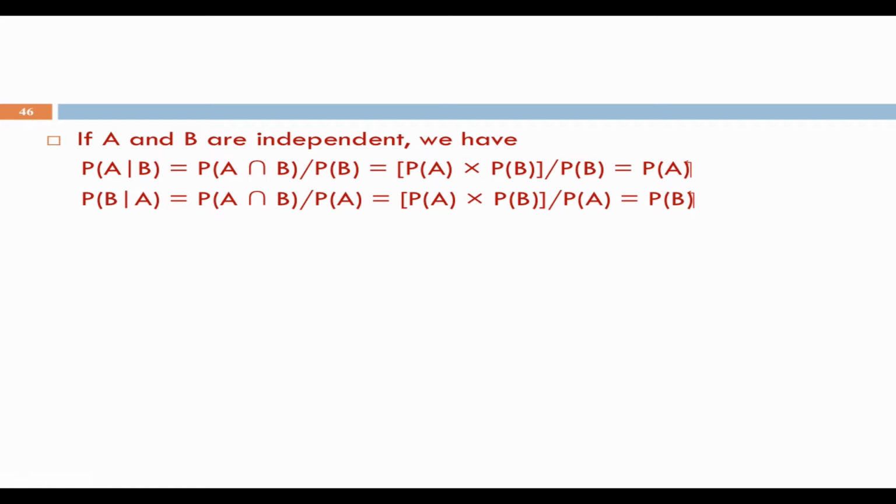And that goes very nicely with the independence assumption, because knowing that B happens gives you no advantage or disadvantage in knowing whether A happens or not. So when you know that B happens, the probability of A is just equal to the probability of A, because A and B are really independent.